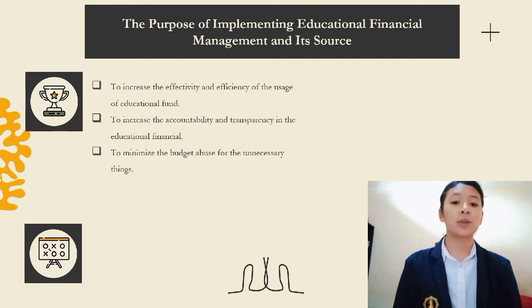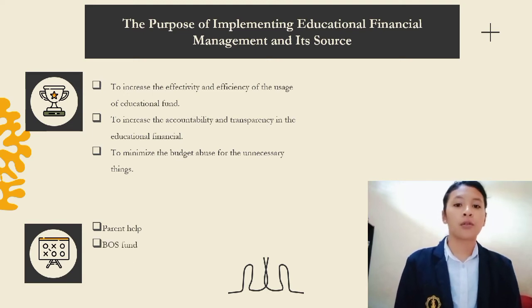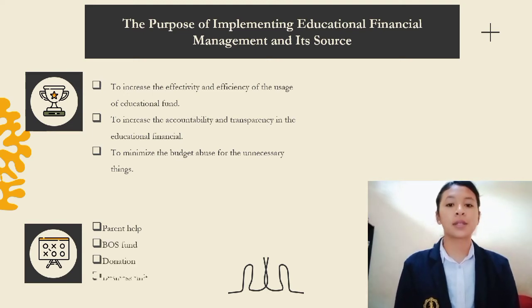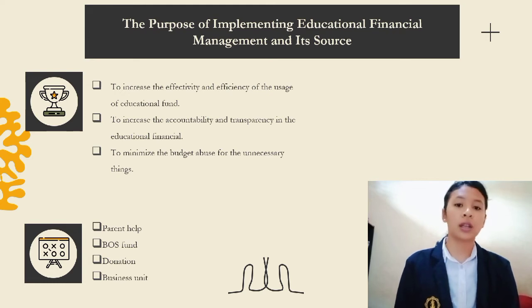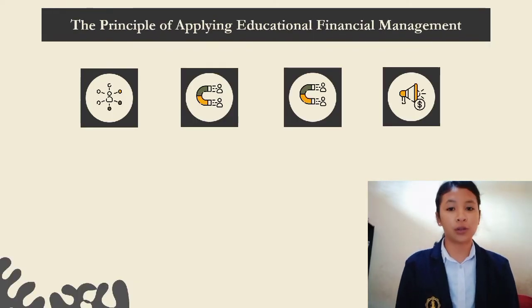And the last is to minimize budget abuse for unnecessary things. The source of educational finance mostly comes from parents' help, government help, donations, and also from the business unit.